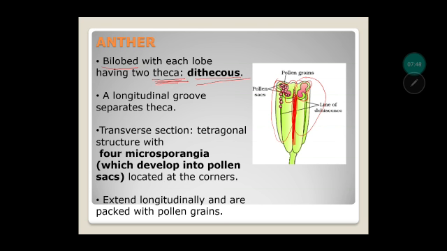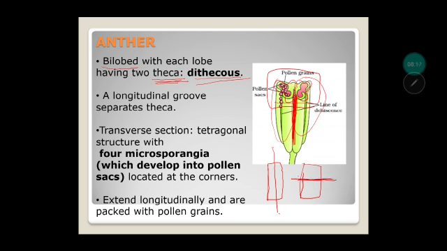Then the transverse section. Suppose I have this long structure. First let us clear this. Let me draw it over here also. If we cut through this axis, this is the longitudinal section, and if we cut like this, it is the transverse section.